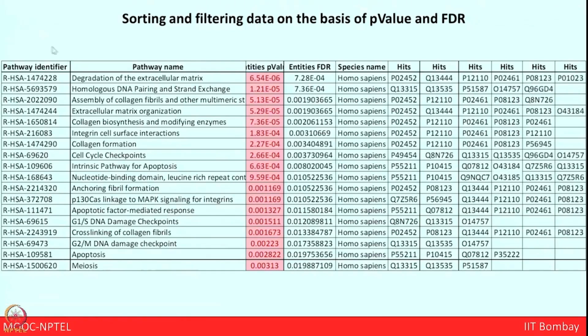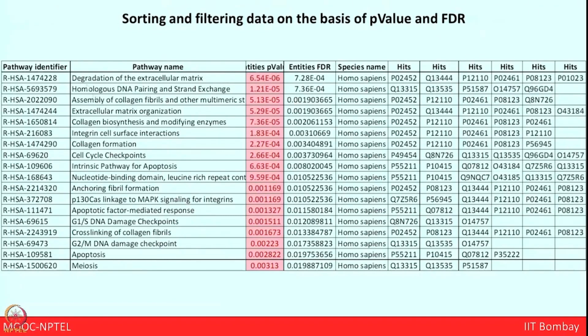As you can see, this is the table I have taken from the result file, and you can find the pathway identifier. These are nothing but the unique identifier ID of each pathway in Reactome. These are the pathway name, this is the p value, this is the FDR, species name, and these are the hits. That means what are the proteins from your sample data matching with this pathway.